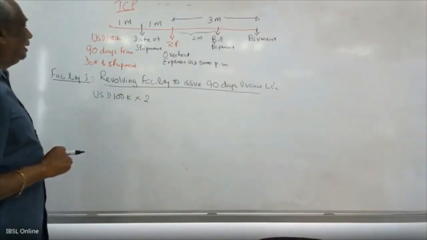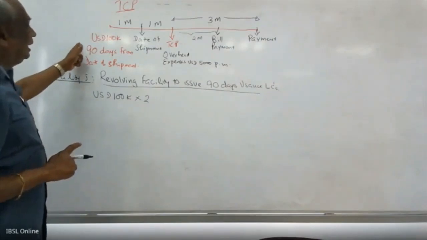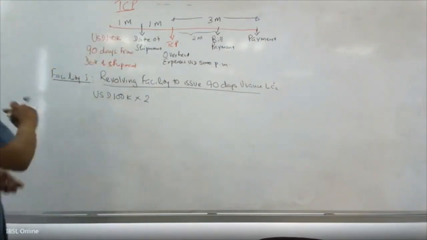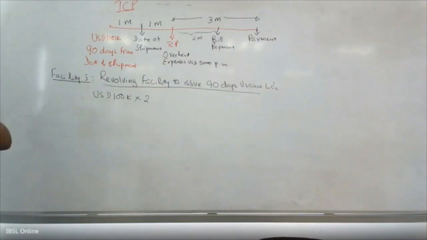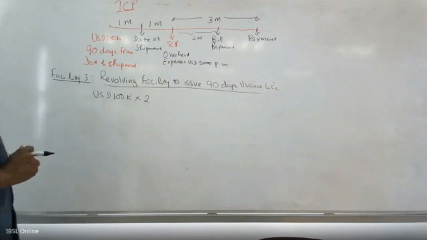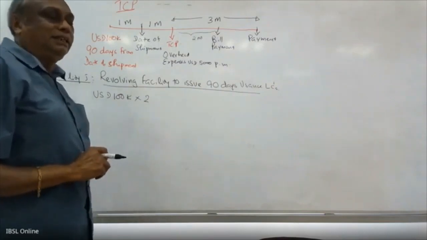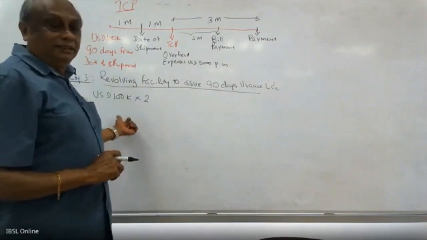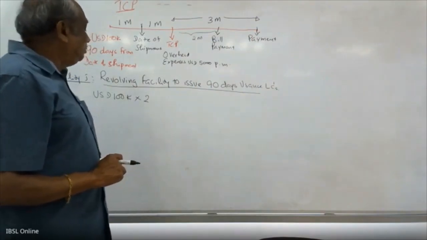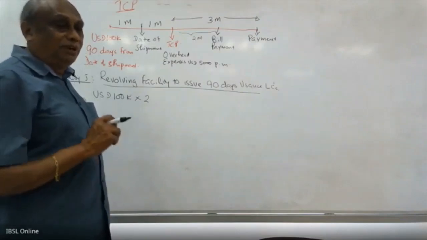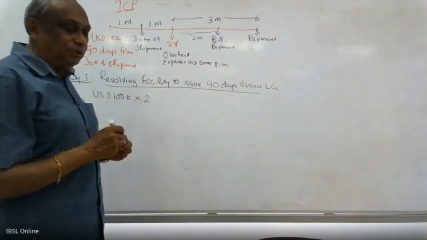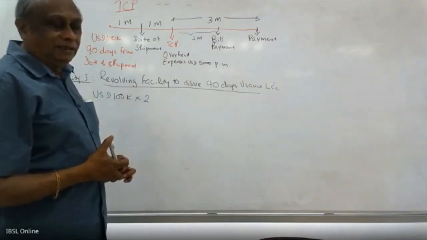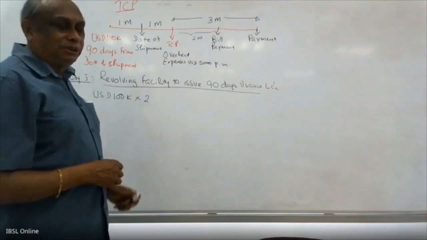And when we open one LC, it will take 2 months to receive the shipment. But you have to have the shipment on a monthly basis. Then what should be the lead time? When you open one LC, how long will it take to receive the goods?